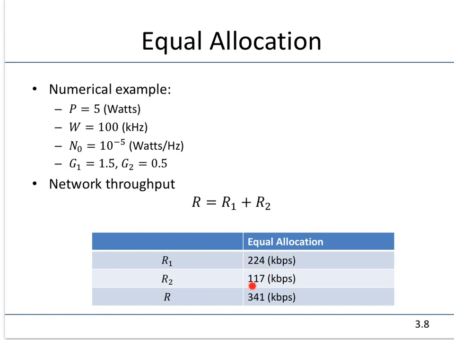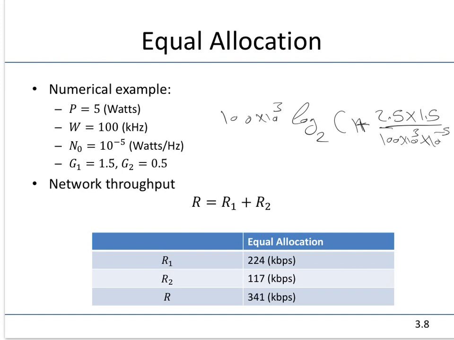So these will be the rates based on the equation: 100 kilohertz times log 2 of 1 plus 2.5 multiplied by 1.5 divided by 100 times 10 to the power minus 3 times 10 to the power minus 5.